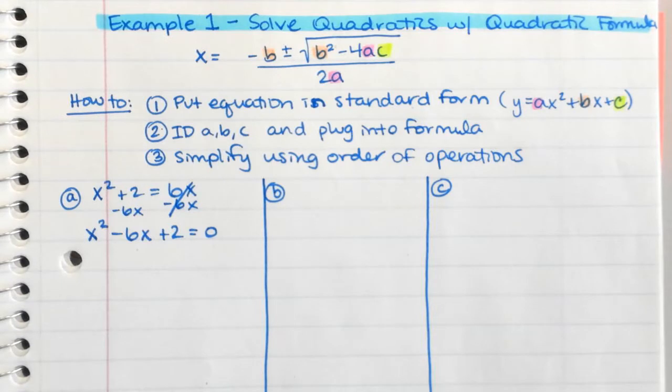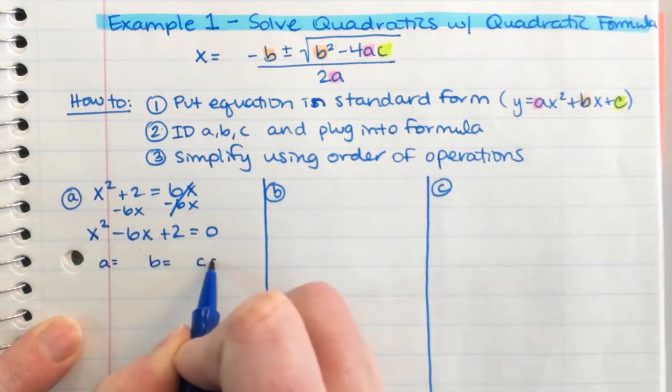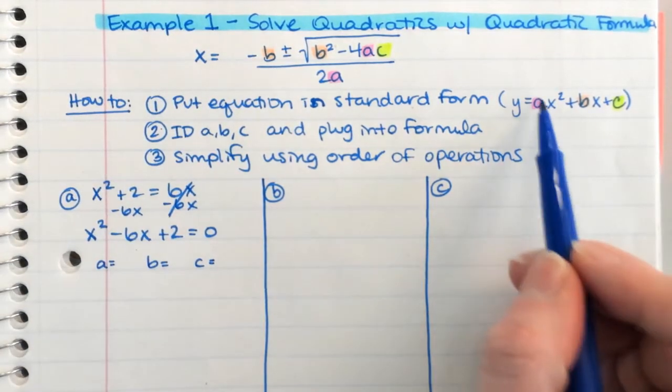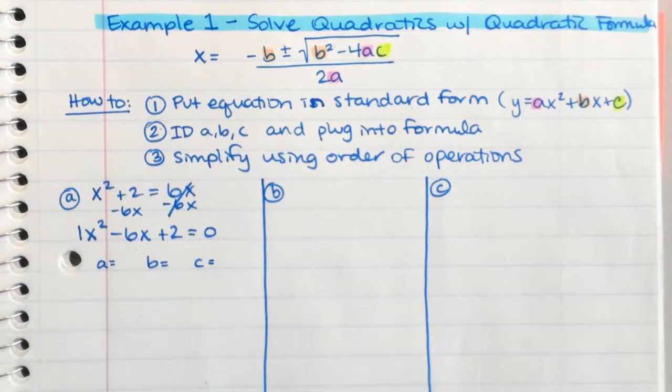Questions from me so far? All right, so if I start to identify A, B, and C, those are always just the coefficients for each of my terms. So for example, A in this scenario would technically be 1.